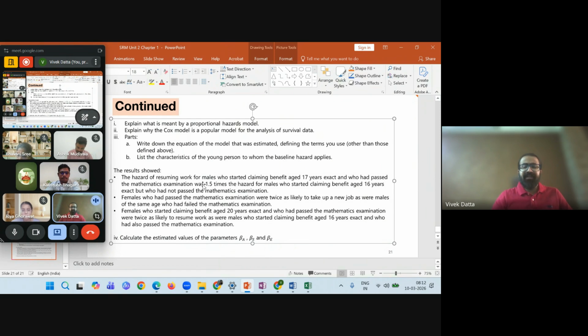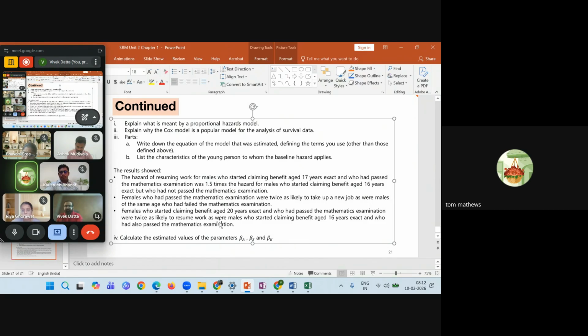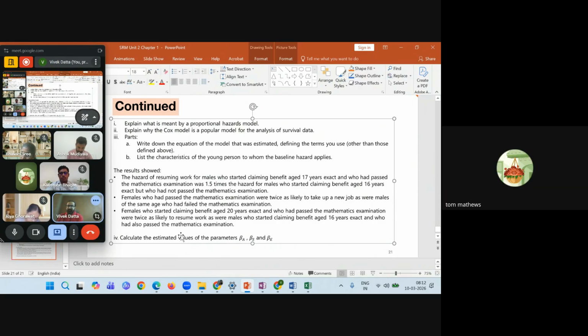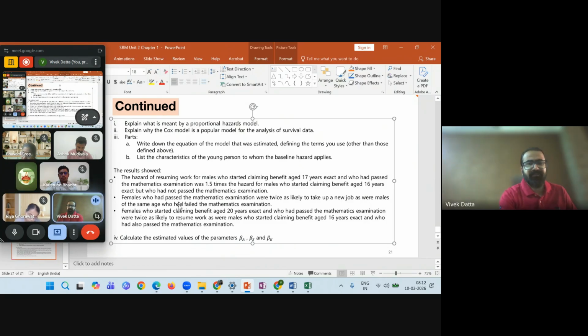I'm getting negative. What does this mean? Decrease in hazard, which means longer in unemployment, not resuming work.